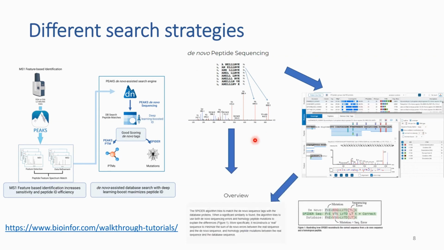Finally, when I get the de novo result and the DB result, we sometimes will find some MS2 spectra have good de novo result, but it cannot be matched in the FASTA file. At this time, we can do the spider search to find if this peptide is a mutation or if there is some sequencing error.